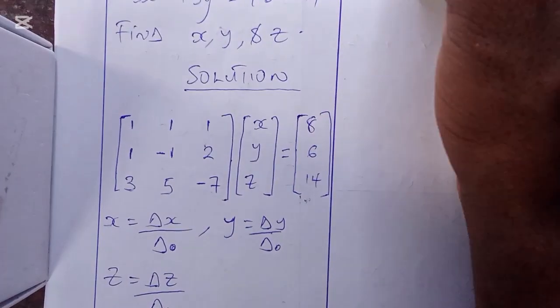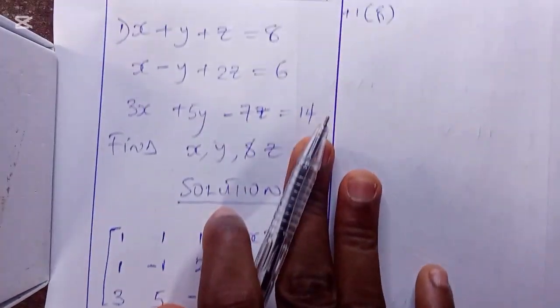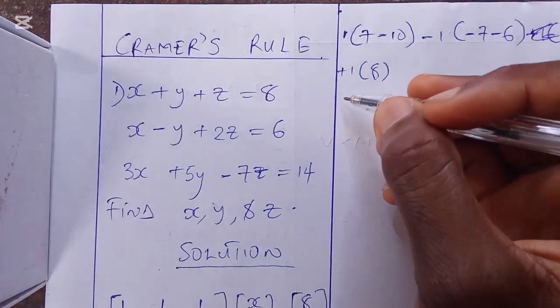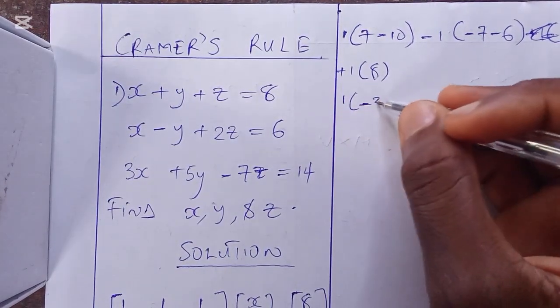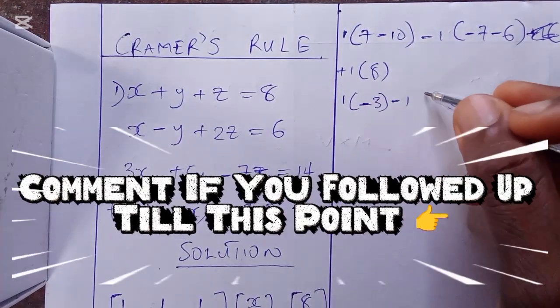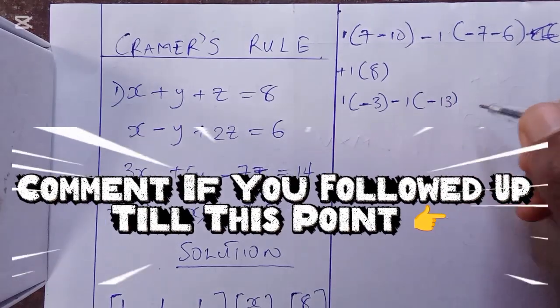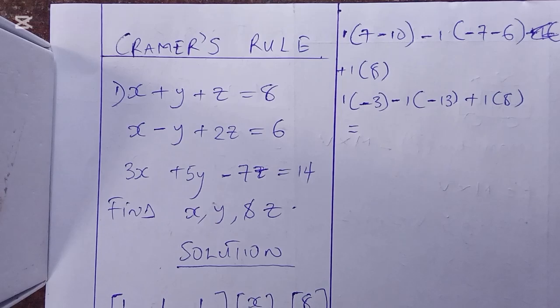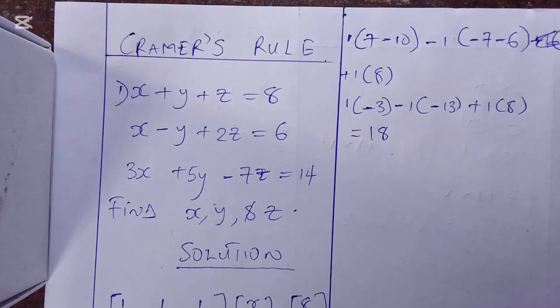So we have 8 here. Just follow me gradually. So we have 1 bracket 7 minus 10 minus 3, minus 1 bracket minus 13, plus 1 bracket 8. If you simplify this, you have 18.